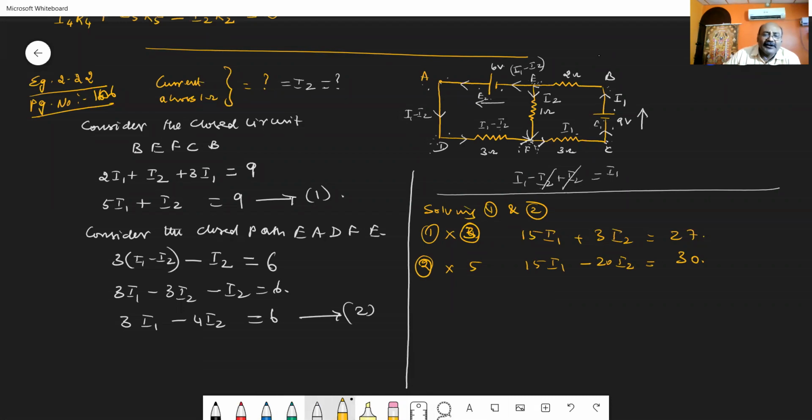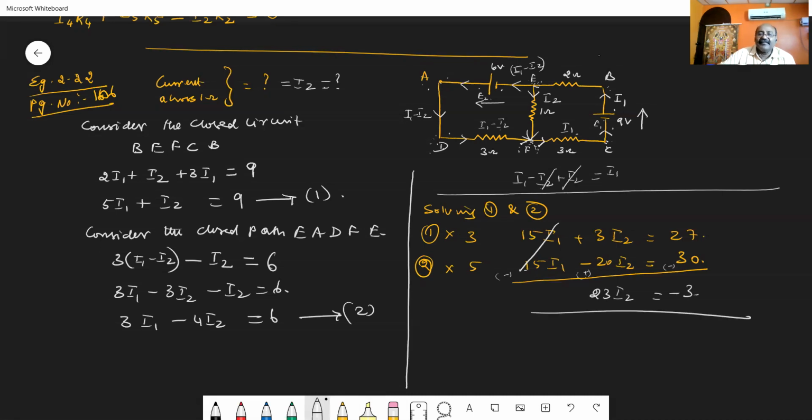So what will we get on simplifying? The 15I1 terms will get cancelled. This is minus, isn't it? So this will become plus and this will become minus. So 20 plus 3, you get 23I2 is equal to minus 3. What is the value of I2 then?